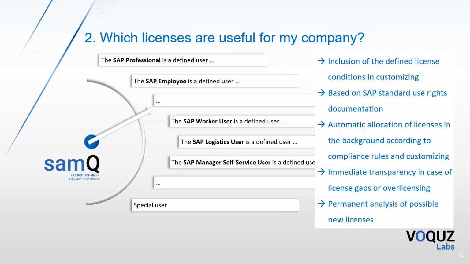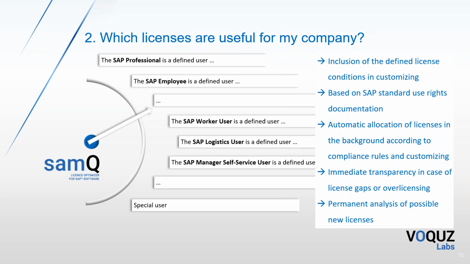Now, the tool must be based on SAP standard use rights documentation. This is very important because this documentation of the standard use rights is part of your contract, and making sure when you assign licenses that you're complying with it is vital.